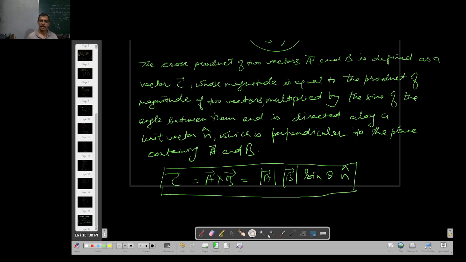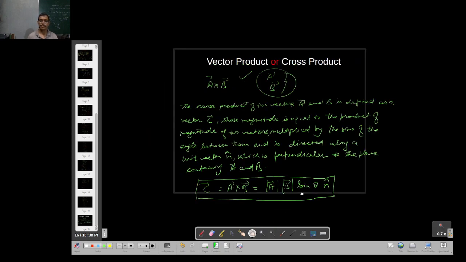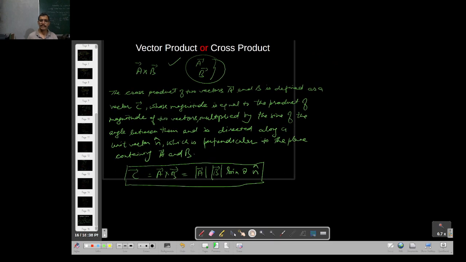Let us try to understand it diagrammatically. Consider a plane, and there is one vector a and another vector b in this plane, and both are making an angle theta.